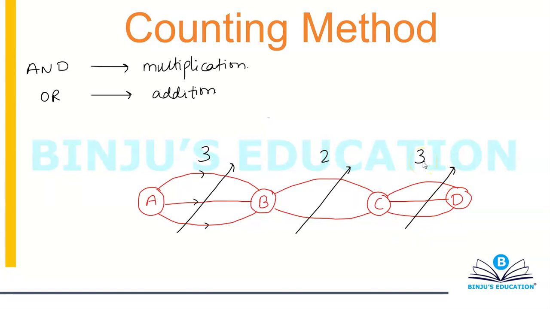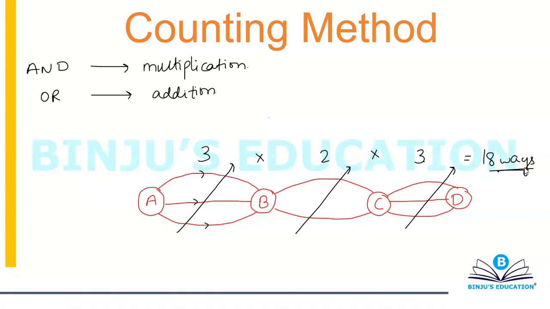Now if you want to go from A to D, you have to go A to B and B to C and C to D. And what does AND stand for? AND stands for multiplication. So this is going to be 18 number of ways.